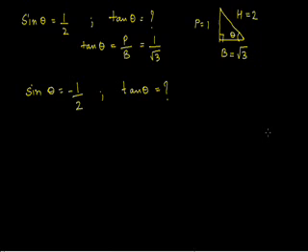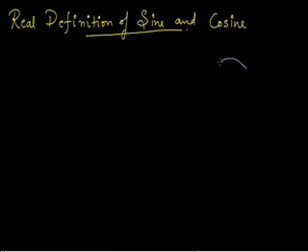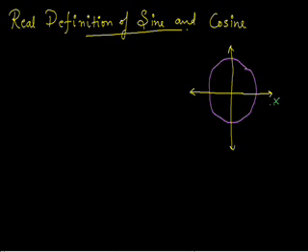So we are going to discuss over here now the real definition of sine and cosine function. Real definition of sine and cosine. Let's say we have a circle. We divide the circle into 4 quadrants with the help of x-axis and y-axis. This is x, O, x dash.